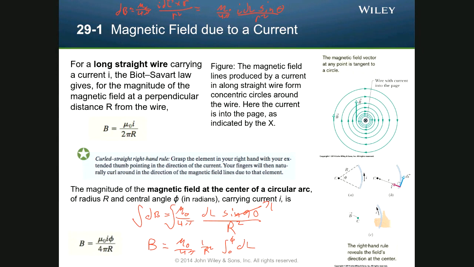Basically, that's a trivial integral, right? And you get mu naught, oh, I forgot the, always forgetting something, I over r squared. Hold on.